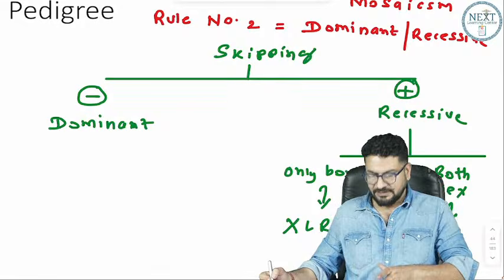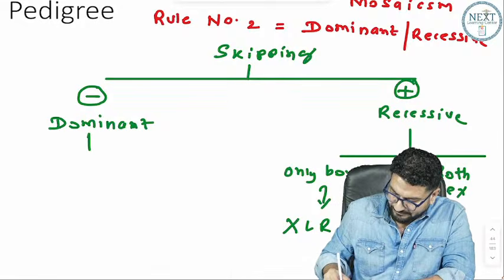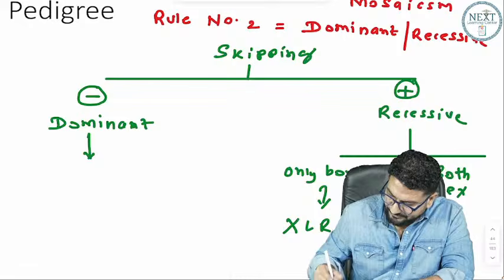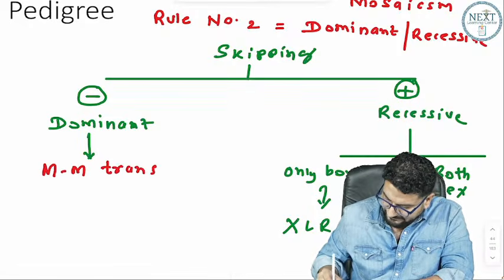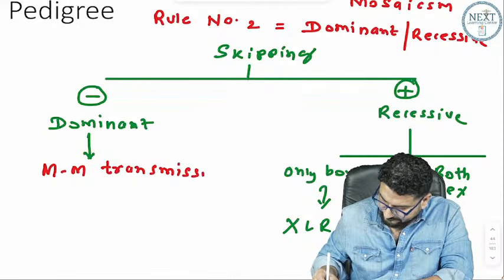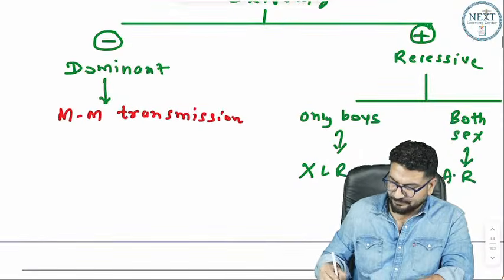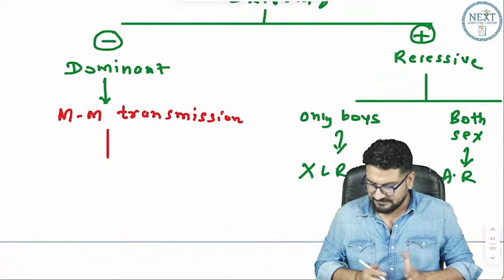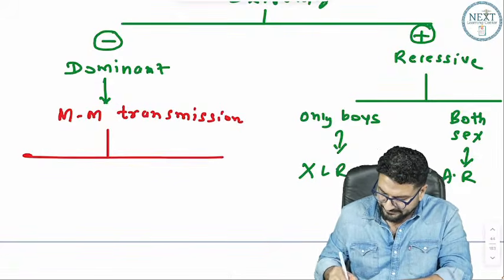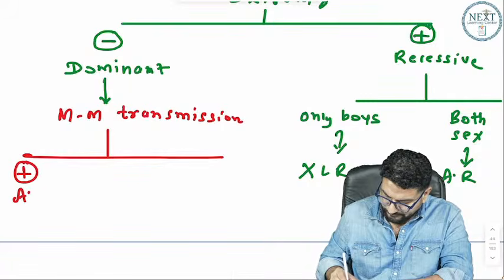Right? Now coming to dominant, understand in dominant what we have to see: male to male transmission. So when we see male to male transmission, means from male to male, father to son. If male to male transmission is present, then more chance of autosomal dominant.